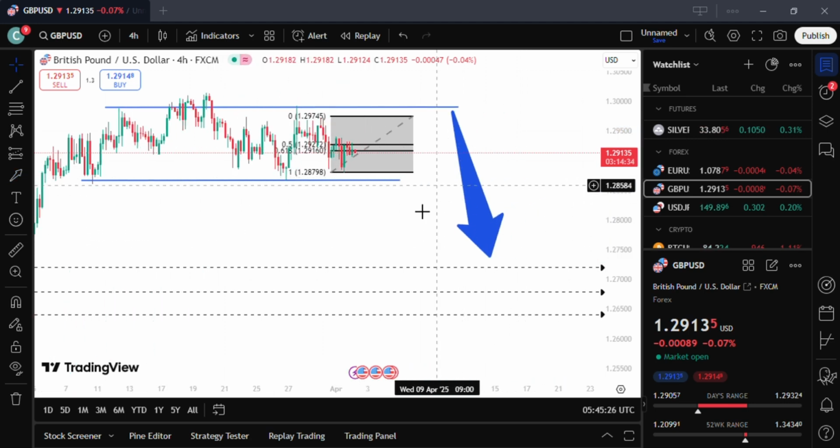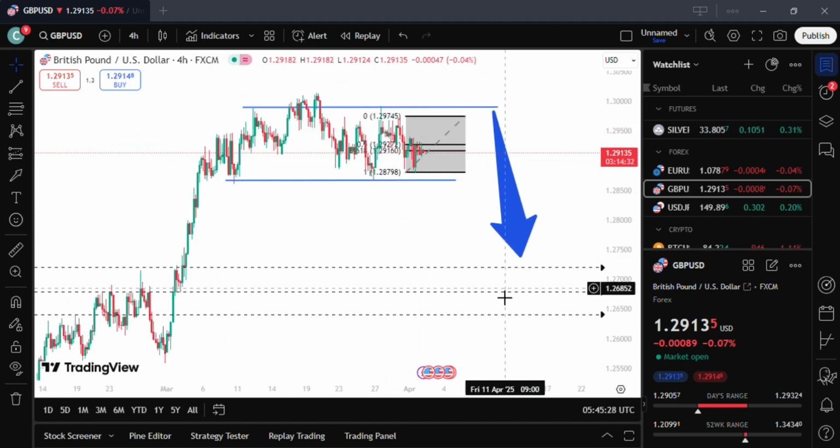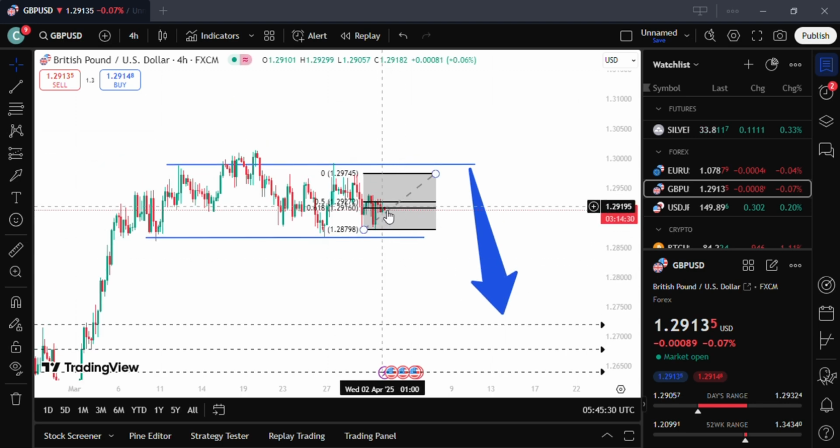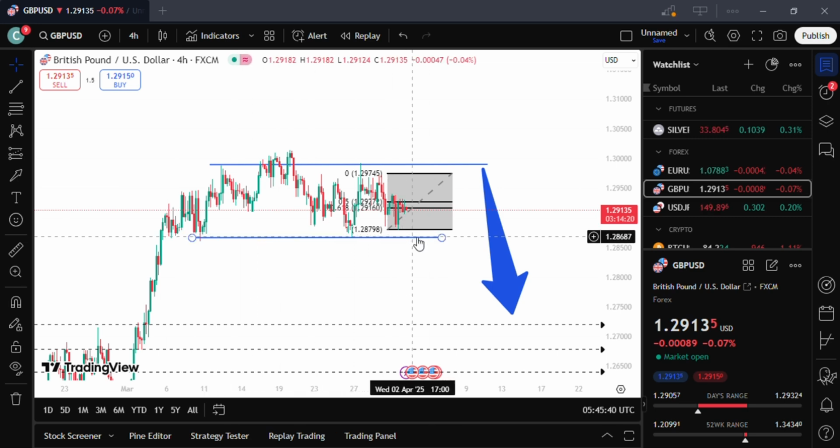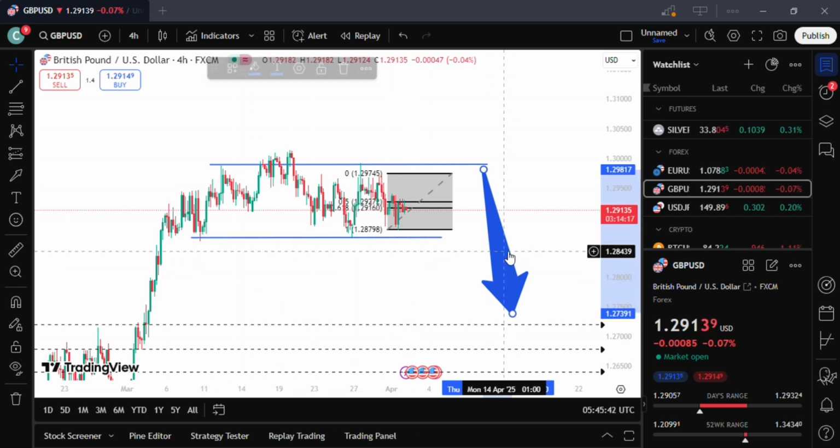But for now, if you want to trade these, probably you could wait for price to come back here, then buy a little, but I would advise you to trade this one. If this point here is broken, then I'm expecting a downward trend.